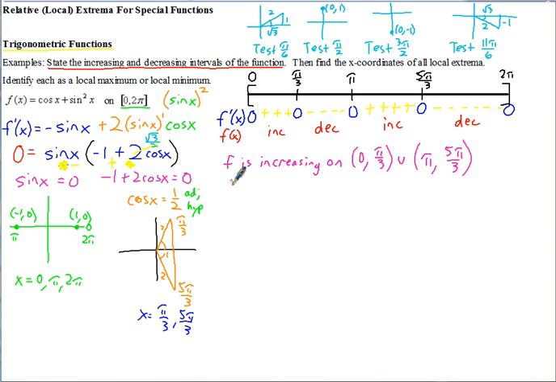And we can say f is decreasing on the interval from pi over 3 to pi, and a U for union, also on the interval from 5 pi over 3 to 2 pi.